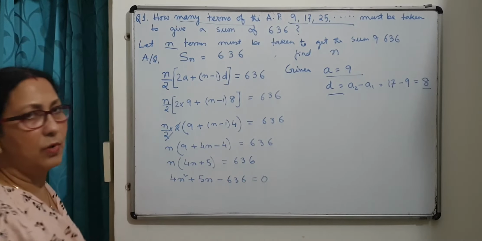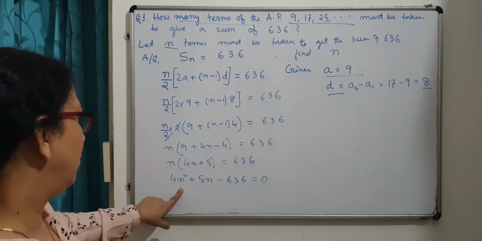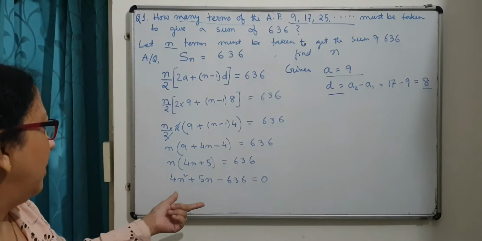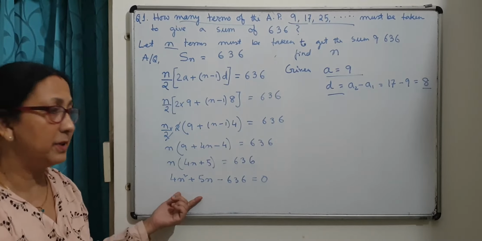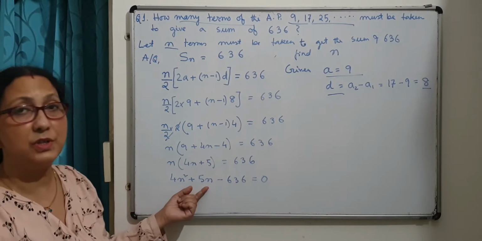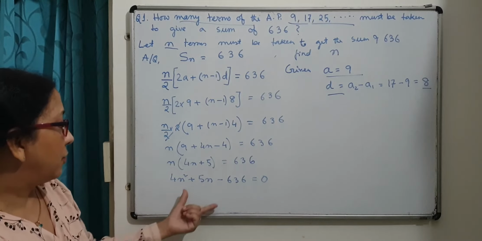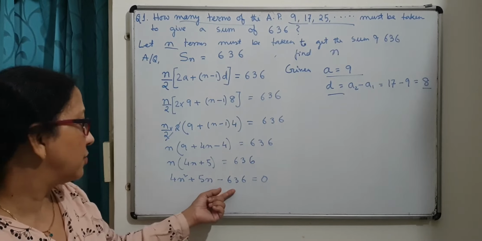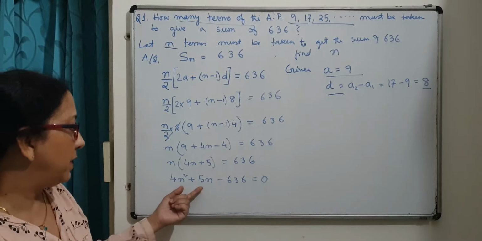So we got a quadratic equation in n. We will solve it and get the value of n. How to solve? We know the methods: either factorization, where you have to split the middle term, or using the quadratic formula. But the quadratic formula is a lot of calculation, so we try to avoid it. First we try splitting the middle term.